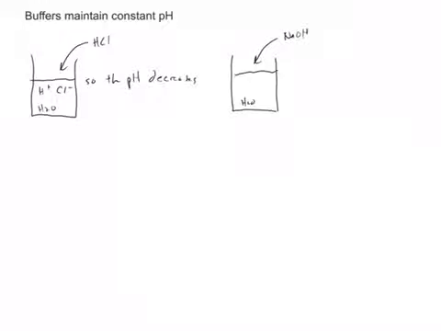Sodium hydroxide is the base because of that hydroxide. So when we put sodium hydroxide into water, it dissociates into sodium ions and hydroxide ions. So the pH goes up because of that hydroxide ion.